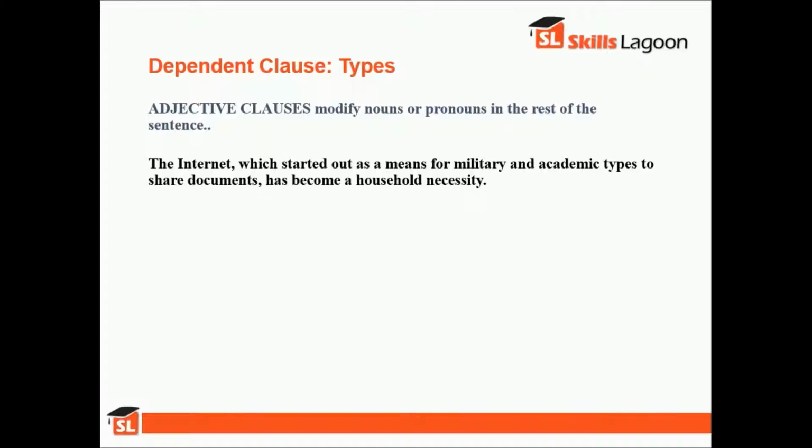The main clause here is the internet has become a household necessity, but in between we have a dependent clause which started out as a means for military and academic types to share documents, and this whole dependent clause is modifying the internet. That is how the internet is getting modified. That's why it's an adjective clause.